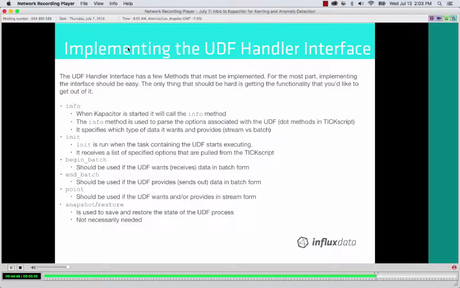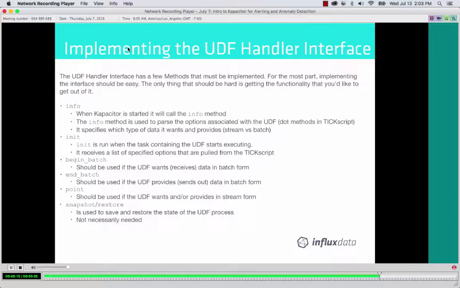On implementing the UDF handler interface, there are a few methods that must be implemented. For the most part, implementing the interface should be very easy. The hard part is getting whatever you're doing to do what you want. If you want to do some machine learning, that should be hard. Implementing the interface should be trivial.